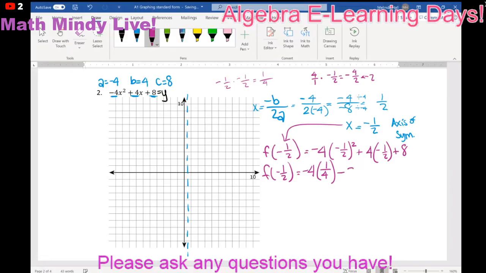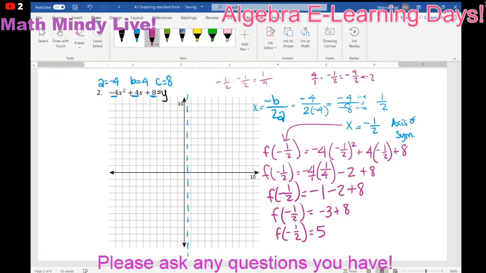And so then that would come into the equation like that, and then we'd have the +8. So then -4 times 1/4, the 4s would cancel each other out because this is like it's over 1. And so that would be -1 minus 2 plus 8. And -1 minus 2 would be -3, and then -3 plus 8 would give me 5.